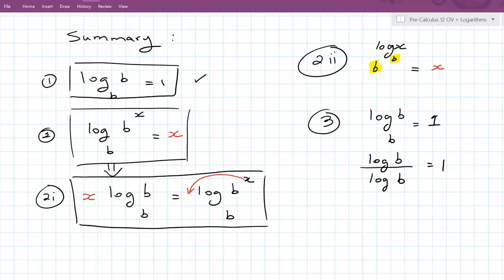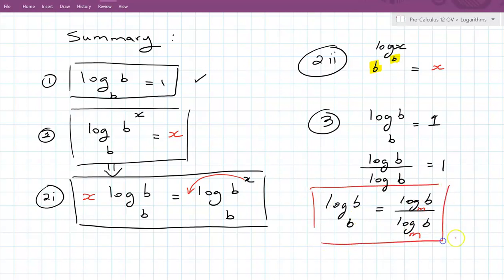So based on that, you can say that log of b base b equals log of b divided by log of b. Now in this case, b is the base here, but we can change the new base to anything we want. Let's call that m. All right, so that is the number 3 rule.